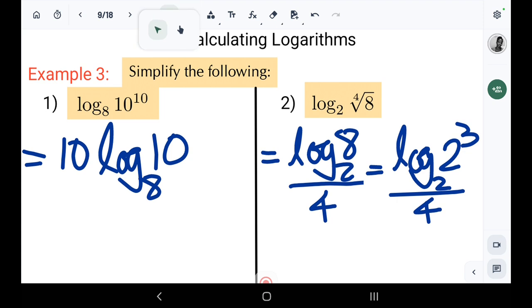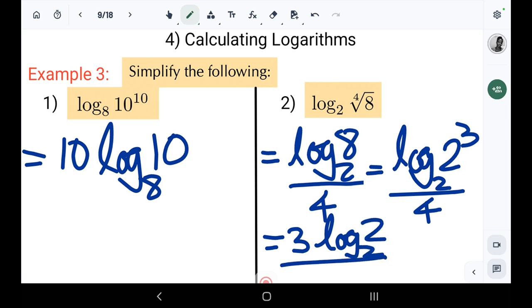Now we've got the log of a power, which equals 3 log 2 to the base 2, over 4.